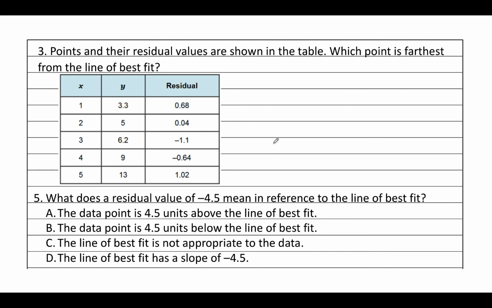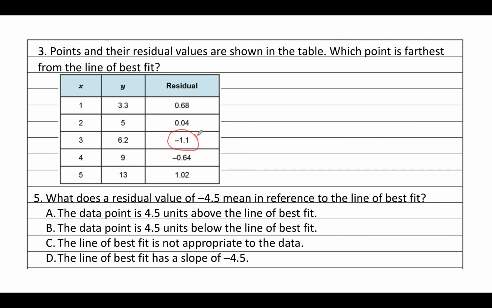Points and their residual values are shown in the table. Which point is furthest from the line of best fit? All right, so this has to do with the magnitude. So we're looking at the absolute value of our residuals and what is the largest absolute value. So our largest absolute value here is this value right here.